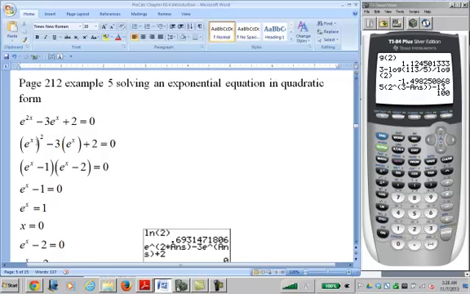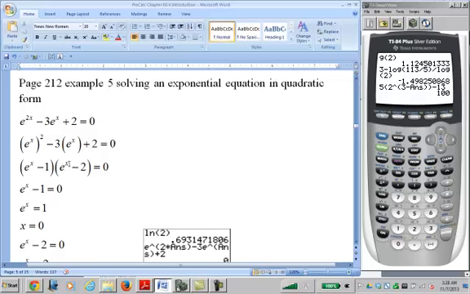Well, we're now in quadratic form. We've got squared. This is a trinomial of degree 2, then degree 1, and then degree 0. So we can factor this into e to the x minus 1 times e to the x minus 2 equals 0. If you multiply this out, you'll see that it works out.